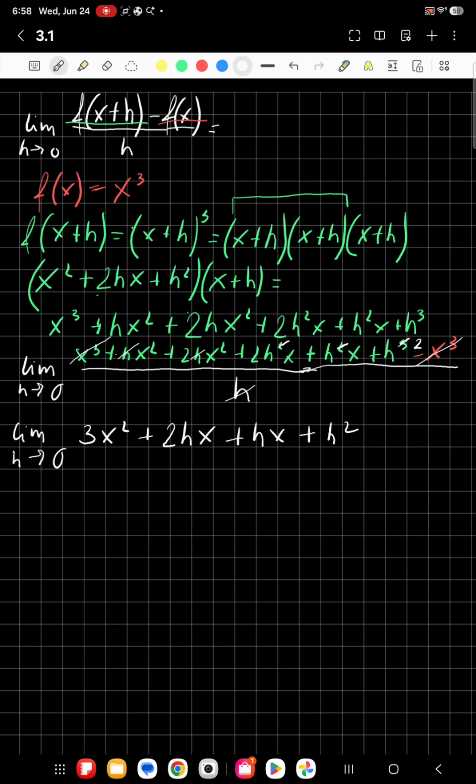So we get the limit as h approaching 0, and well, after I plug the 0 into all those h's, I only end up with 3x squared, and this is just 3x squared. Okay, so that's the derivative of x cubed.